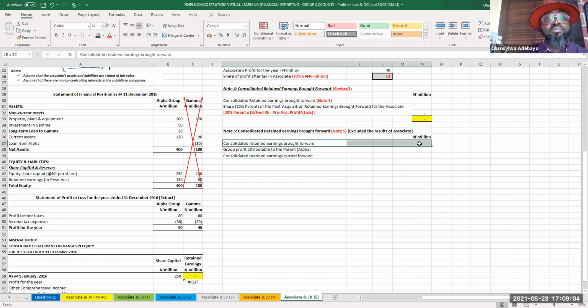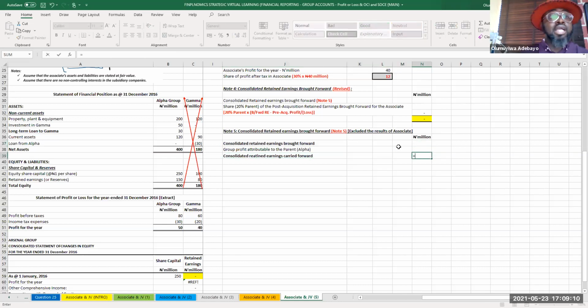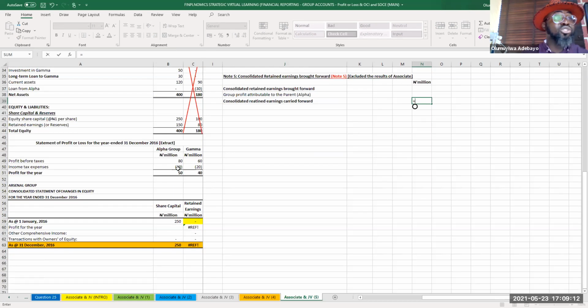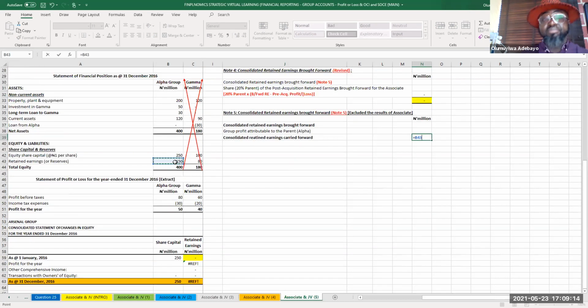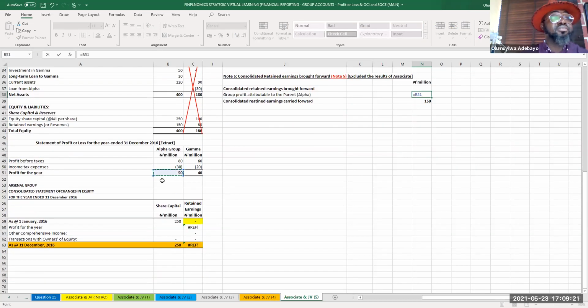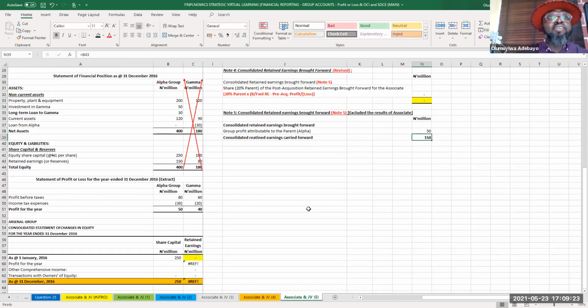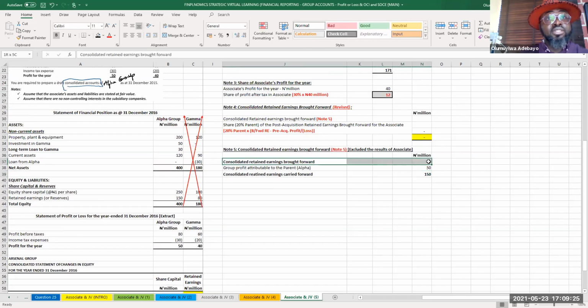And therefore, the difference between these two, our consolidated retained earnings, which already was consolidated, was 150, which was balanced at the end of the year. Our profit already consolidated was 50. Therefore, this will be the derived figure.